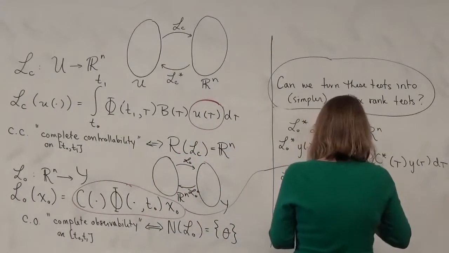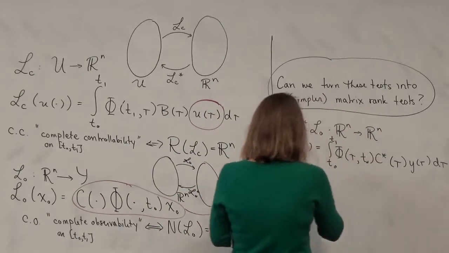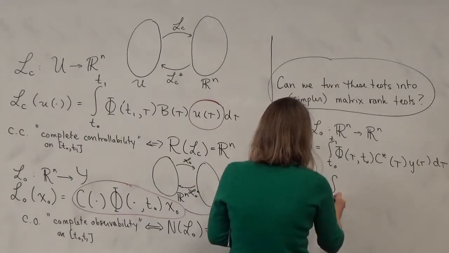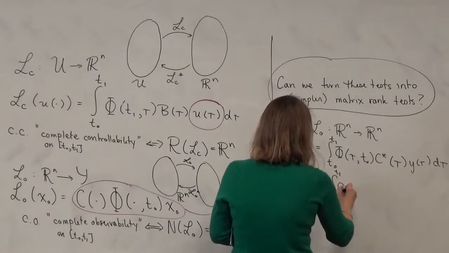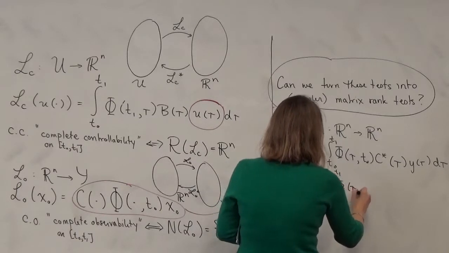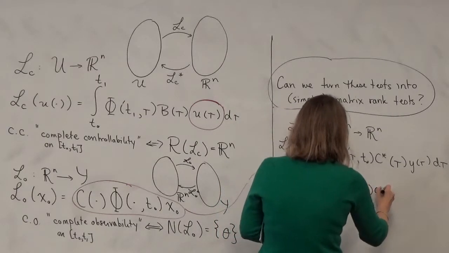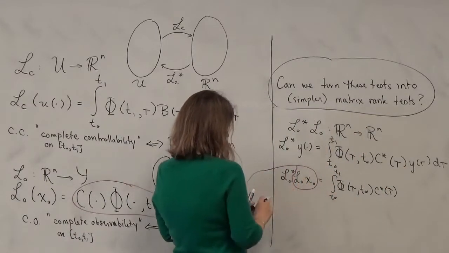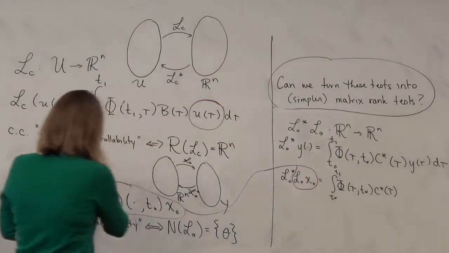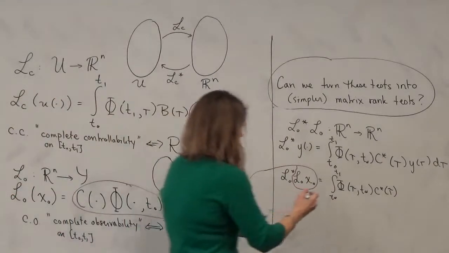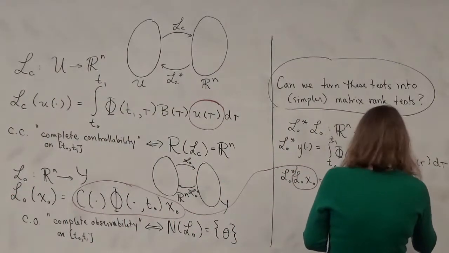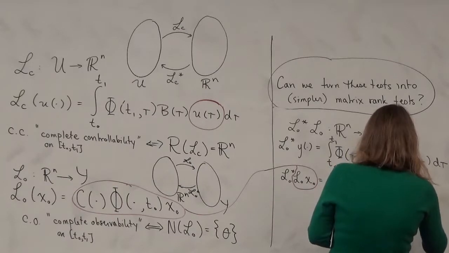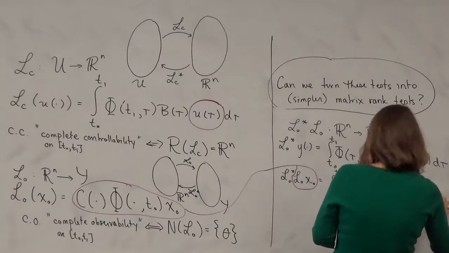Let's write it like we did last time, putting LO star in black. That's the integral from T0 to T1 of phi of tau, T0, C star of tau. And where we see the y here, we plug in this purple thing, which under the integral in tau becomes C of tau, phi of tau, comma T0.